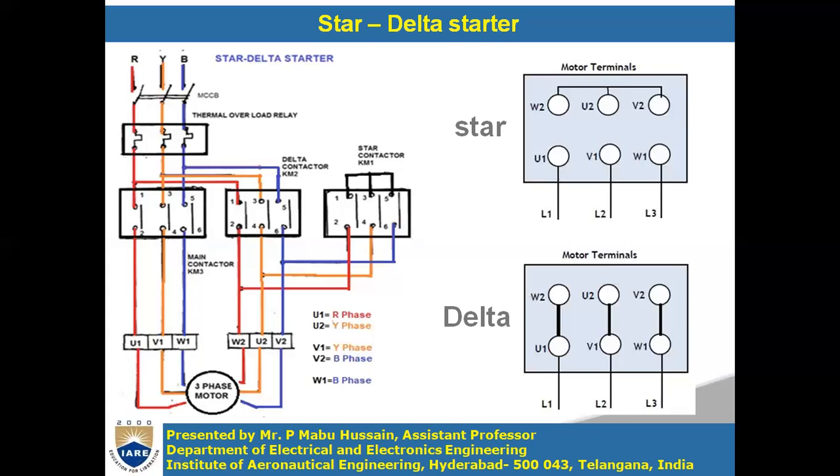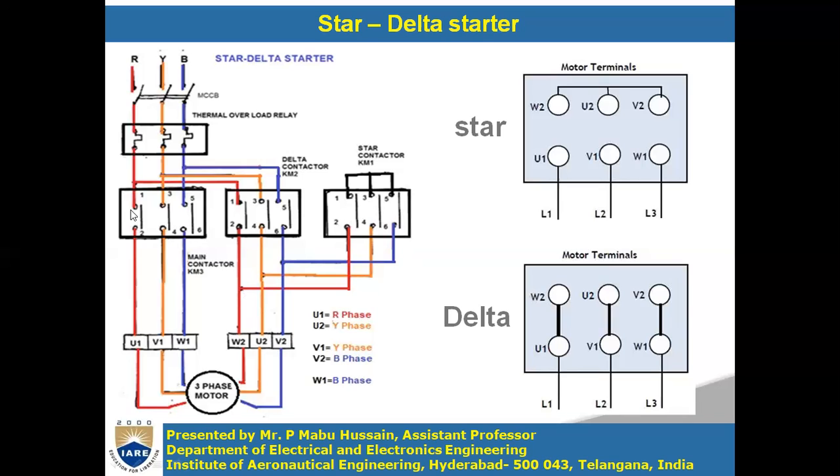Now if you want to use the star delta starter, whenever you press the start button, the motor has to connect in star first. Initially the star connection has to be done, then after some period of time it has to be connected in delta. For this purpose you have to use the star contactor. So this is your star contactor.